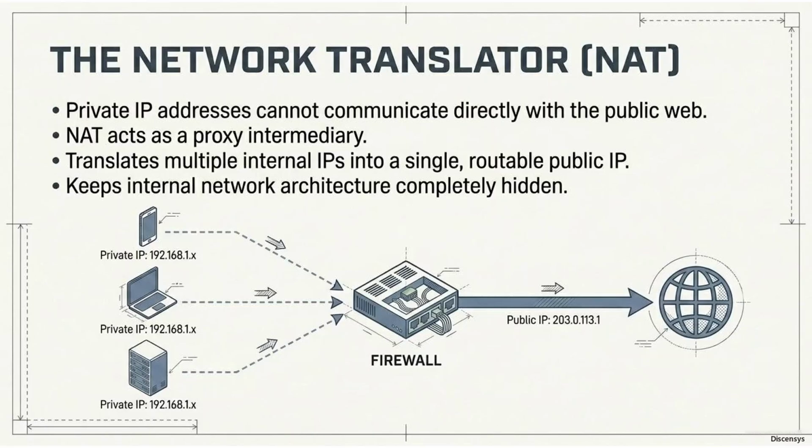So employees cannot communicate directly with outsiders, and here's where NAT acts as a proxy intermediary, that is the role of the receptionist. It translates multiple internal IPs into a single routable public IP and keeps the internal network architecture completely hidden. So you can understand here, from the private IP to the firewall, and then the public IP to the browser.